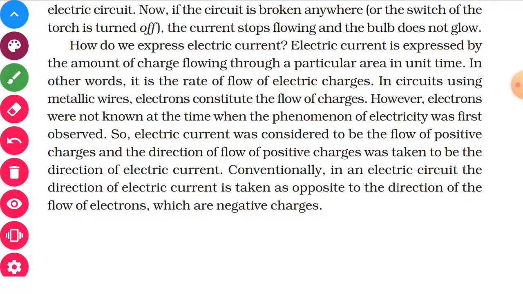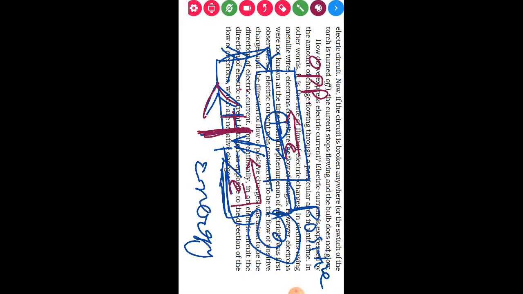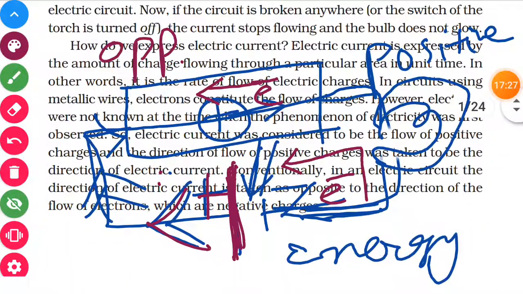Electric current was considered to be the flow of positive charges, and the direction of flow of positive charges was taken to be the direction of electric current.